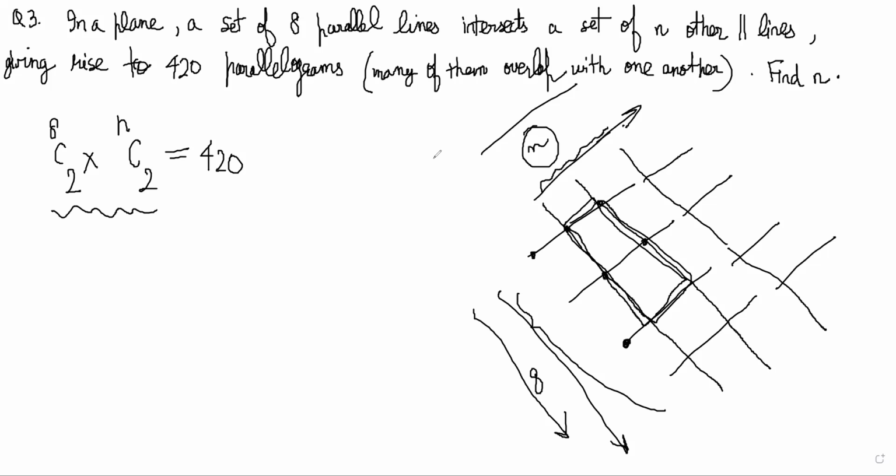But addition doesn't make sense, no? It has to be and, not or. To make one parallelogram, you have to do both the things. So this product has to be 420. Now you can just solve it and n will come then.